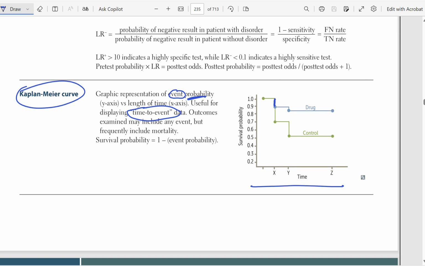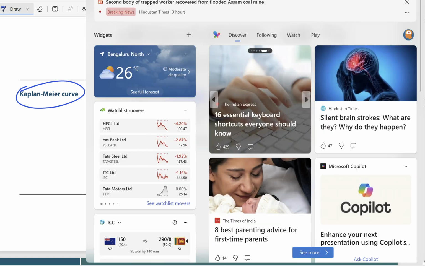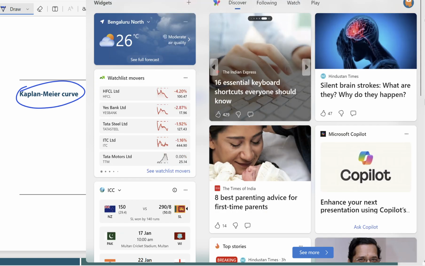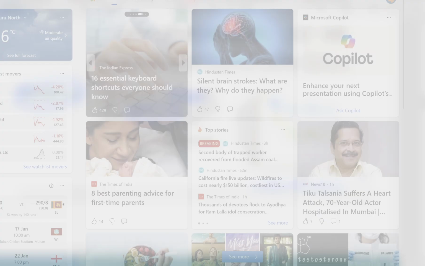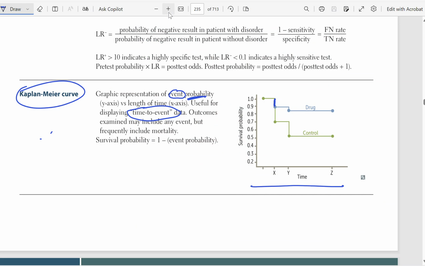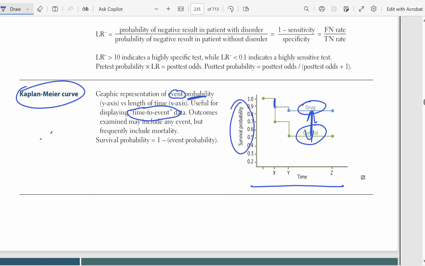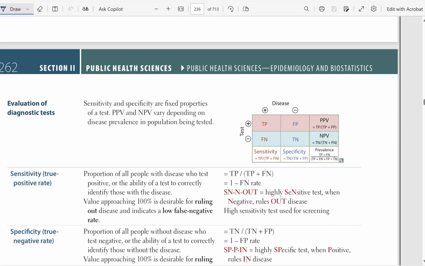If this is your drug and your control, so your drug is decreasing the time to event, and then you can use a log rank test.